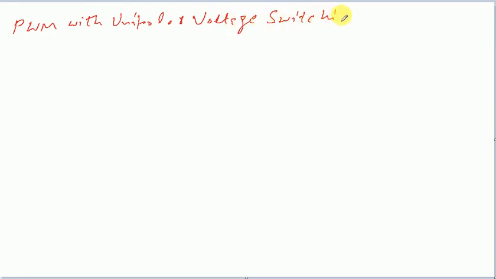Okay, now let's discuss the next case, that is the unipolar switching scheme. So this is a PWM with unipolar voltage switching.